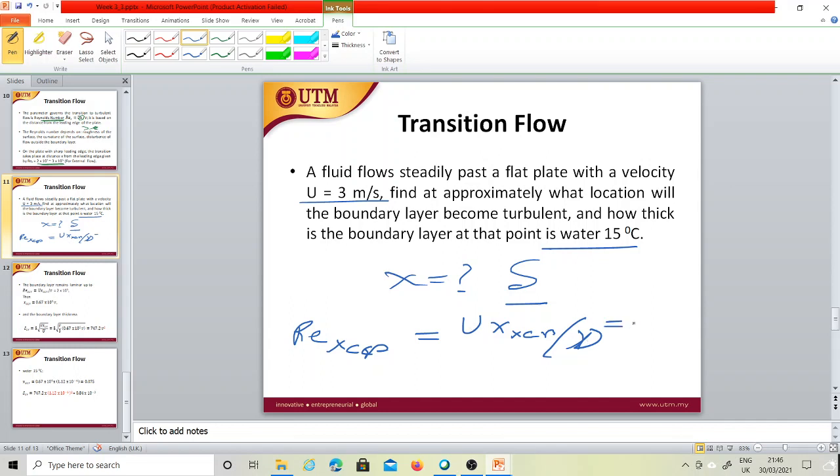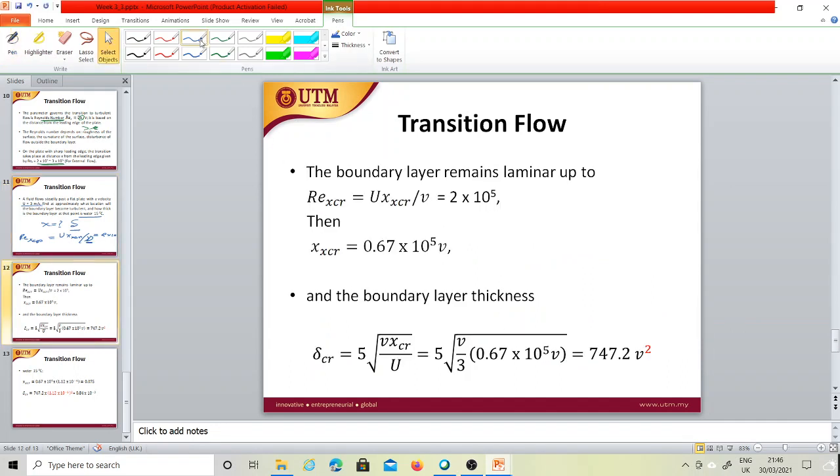So this is equal to 2 times 10 to the power 5. You already know the viscosity in this case. If you don't know, just put the value like mu, as shown in the example. I don't know it, so I just put the value like this. So x critical is a function of viscosity. Depending on the viscosity, you can determine the position x at which your laminar flow turns to turbulent flow.